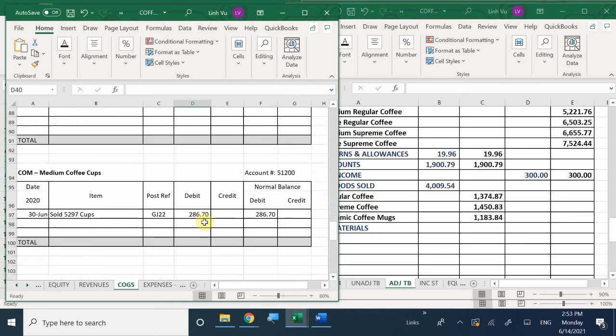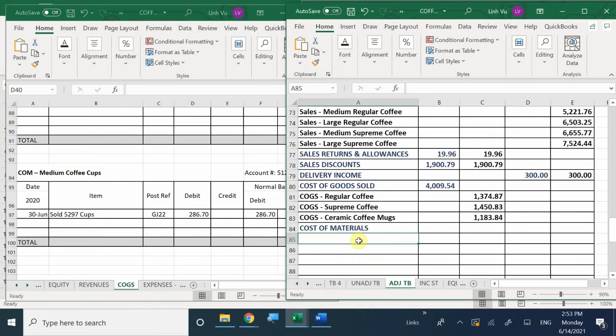First one we have here is cost of materials for the medium coffee cups. So COM medium coffee cups. What was our total there? 286.70.